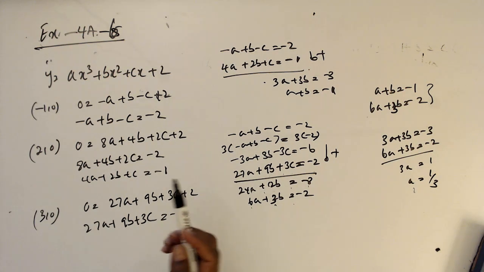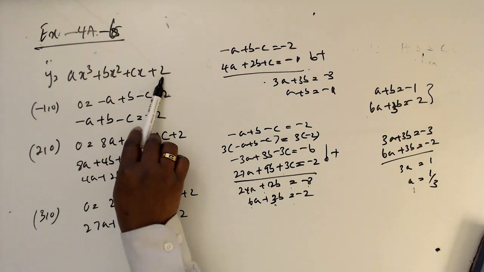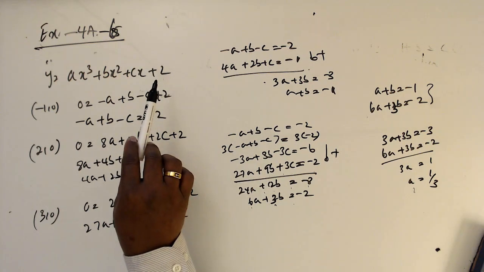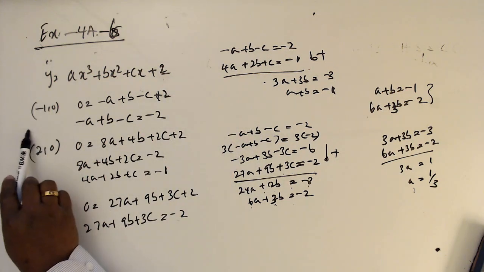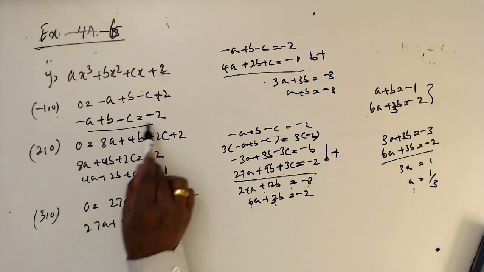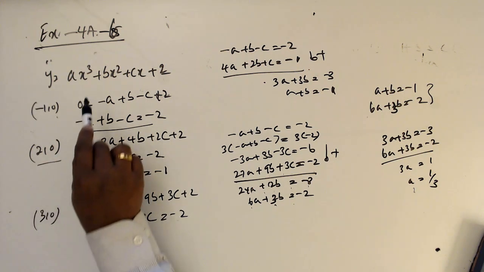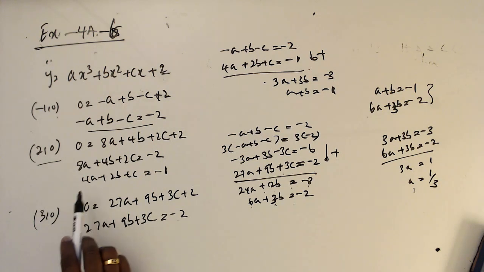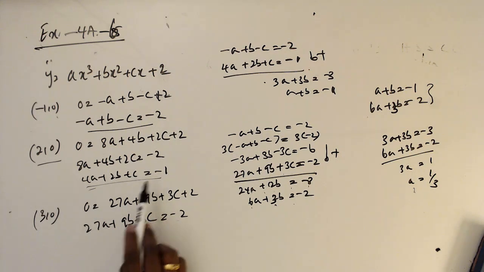I'll just explain a little bit again quickly. We know that this is plus 2, as in our discussion. Then I substitute minus 1, 0 and took this equation with the calculation. Then I substitute 2, 0 into this one, simplify and get this equation.